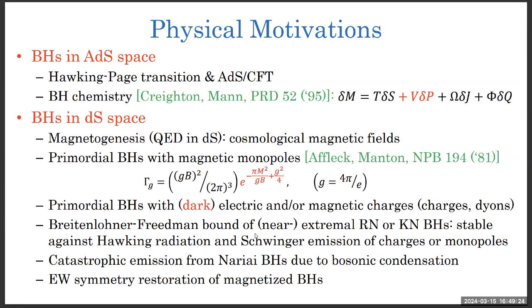Now there are some models that combine dark QED. So just assume our particle physics model has another copy, a dark sector, dark QED, and dark charges, and weakly interacting dark charge can be upgraded into the black hole to have charged primordial black holes.